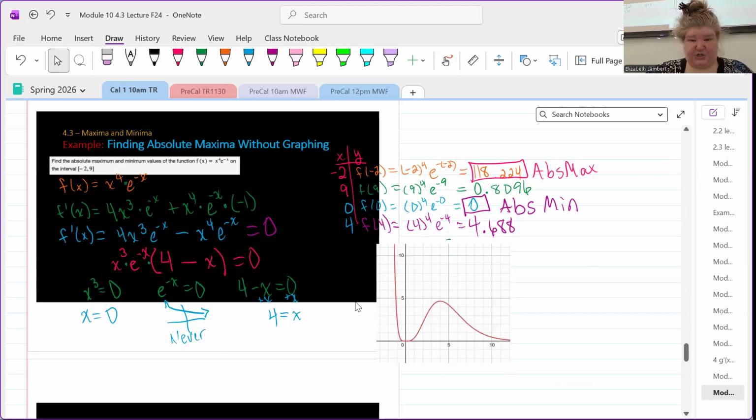And then there's the picture of the graph. So negative 2 is off the screen, but we can see the 0, there's the min. 4 has a local max. And then 9 is just our endpoint, a little bit less than 1.